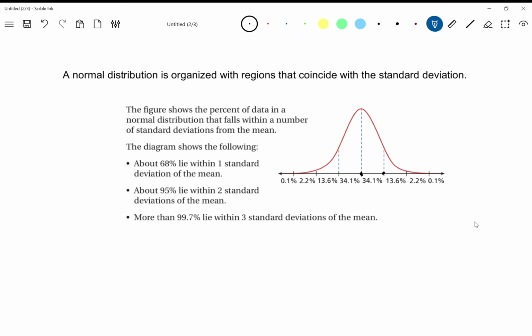If I go one more standard deviation to the right, 13.6% of the information lies there. One more, 2.2% of the information lies there. Everything past this is going to be outliers, but it's very little of the information, essentially 0.1%. And it's the exact opposite on the bottom half of the mean, but this is how normal distributions are broken up.